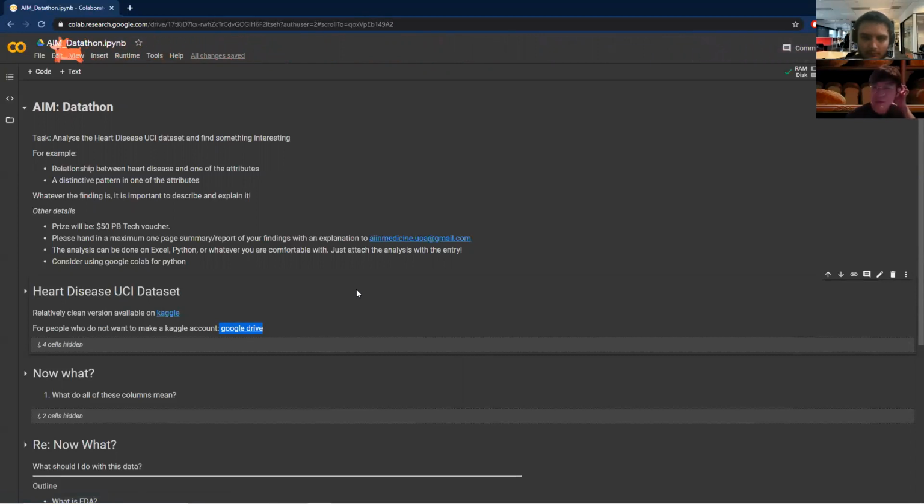And basically, this is an educational event, so what we really want is for people to just learn how to deal with data and how to explore a data set.